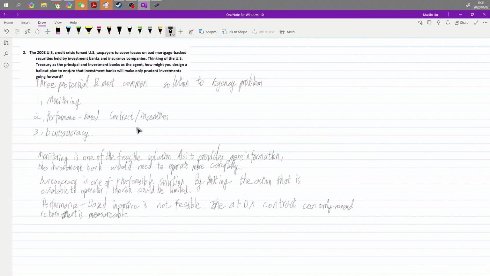So what we are saying here is that the A plus X contract can only reward return that is measurable, however, it is ignoring the risk component.